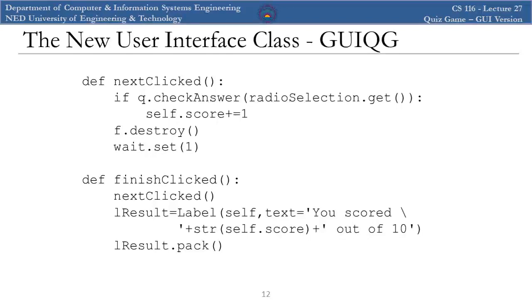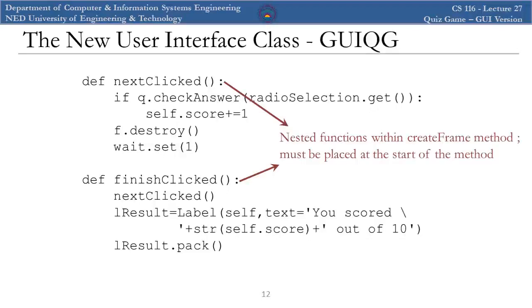Now you see these two functions, if you go see the files, I have defined these two functions within create frame method. So basically these are not independent methods of that class, but these are private functions within that class method. And one more thing is that these functions must be placed at the start of the create frame method, because they must be placed before they are called.